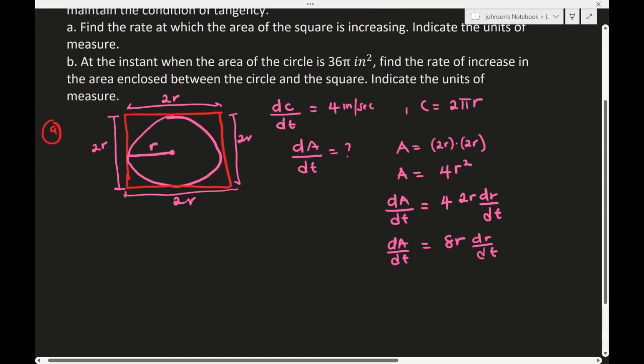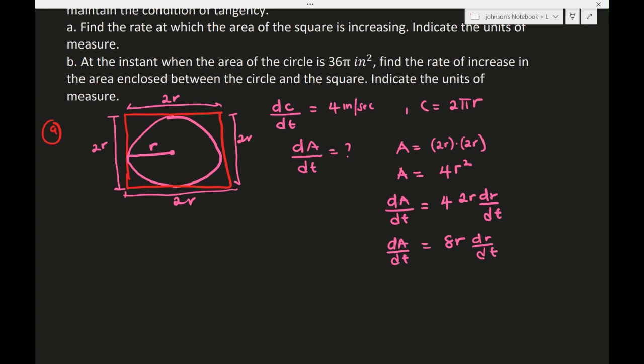So now, do we have dr/dt? Do we have r? Let's come back here. Here we already have c, so let's write the c here. Remember, c is 2 pi r. This is the circumference of a circle.